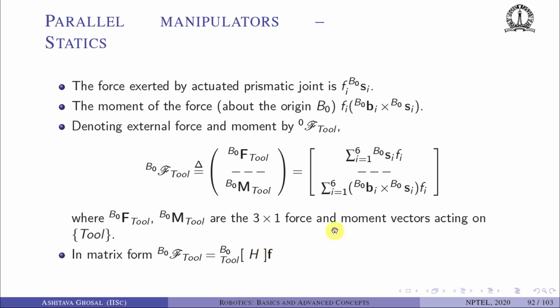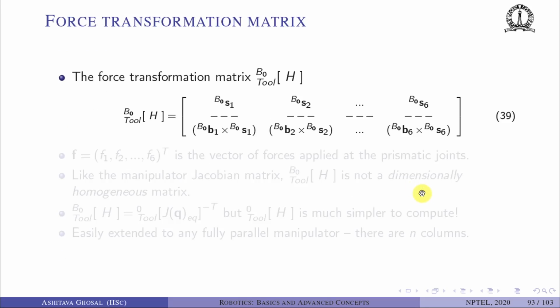So what is this matrix? It is nothing but the unit vectors and the moments of the unit vectors. What is this F? That is F1, F2, F3 until F6. So we have the force transformation matrix. The top portion is the unit vector along the leg, and the bottom portion is the moment of that unit vector from the fixed origin.